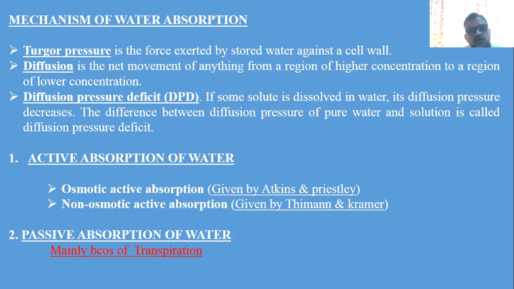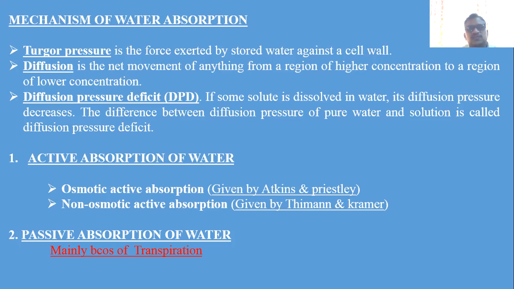Okay, transpiration is the loss of water, which mainly happens through the leaf area, bark area. There this water deficiency happens, or a deficit of water takes place, which indicates that we need water. This tension is created in the xylem of the leaf area, and because of this tension the movement of water from the root area to the leaf xylem takes place, and this is mainly happening because of transpiration, and that's why it is called passive absorption of water.